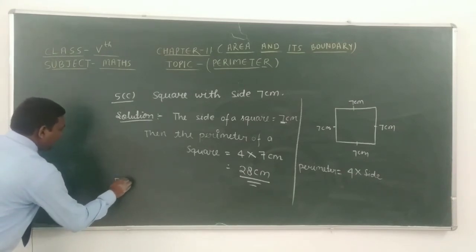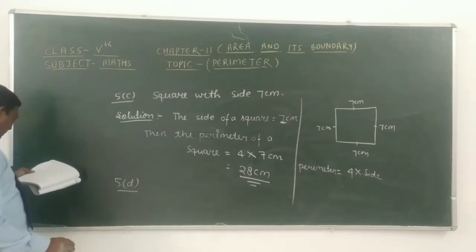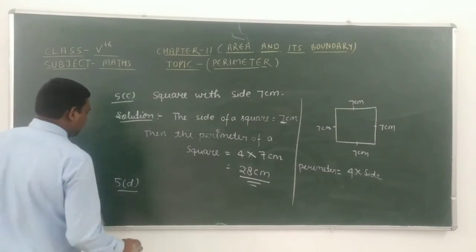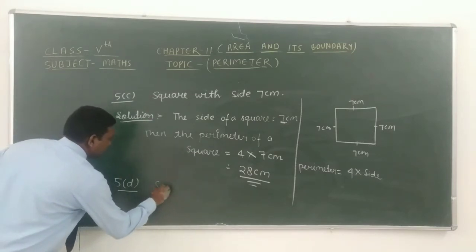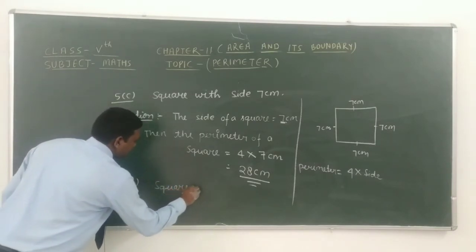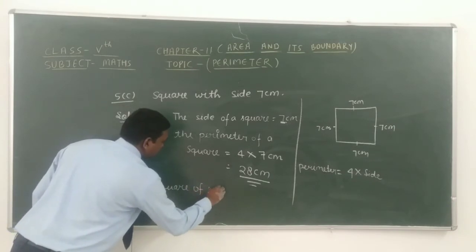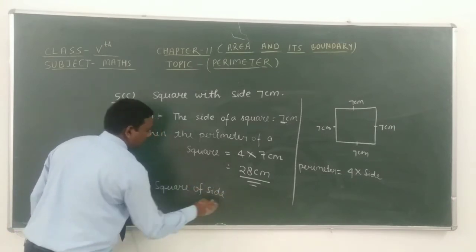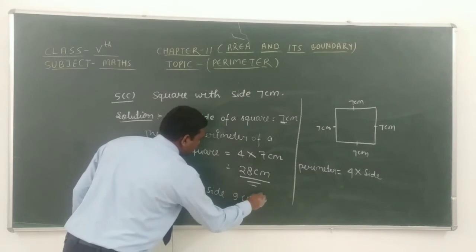Question number 5 of D: square of side 9 centimeter.